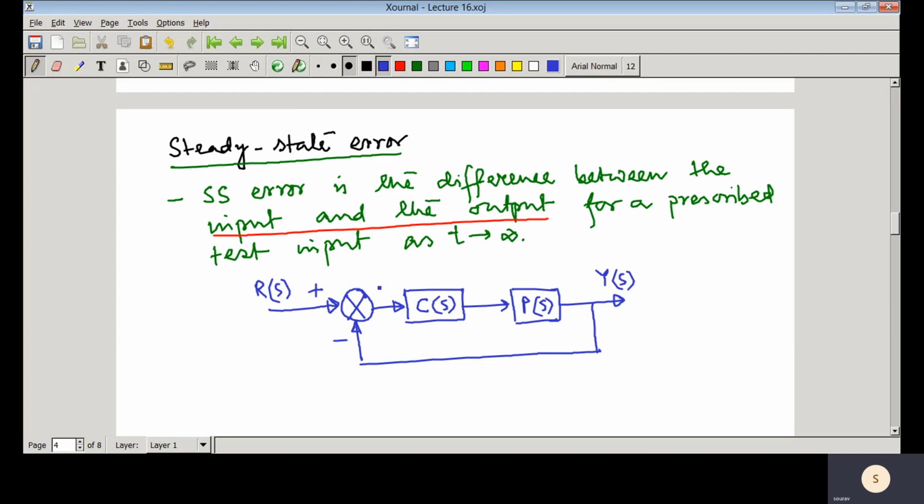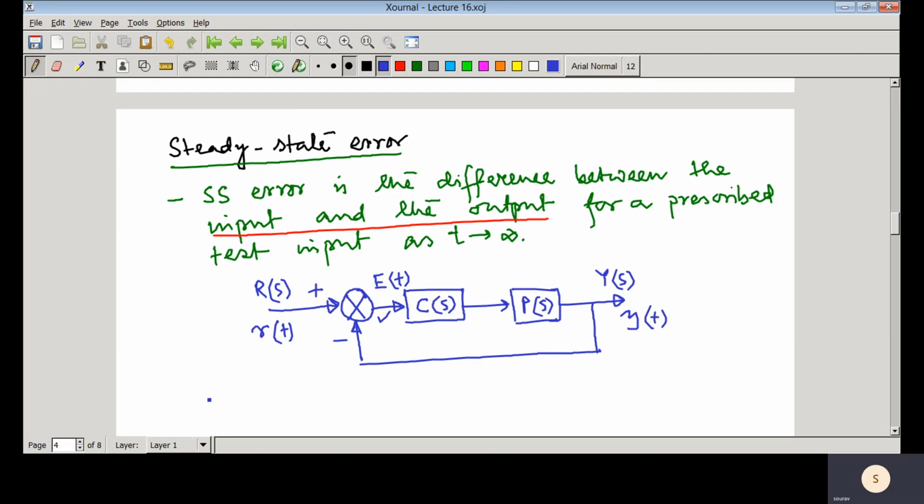So the error signal we will get here. Suppose the reference command is r(t), the standard signal, and here you have y(t). So what is the steady state error?